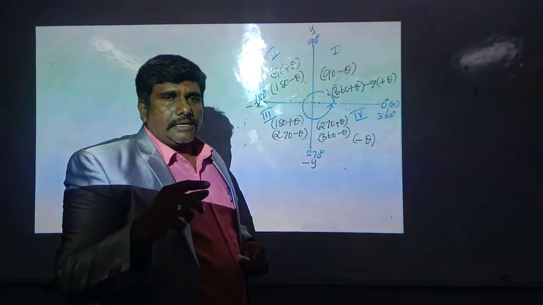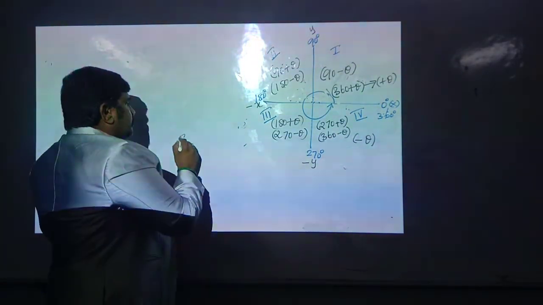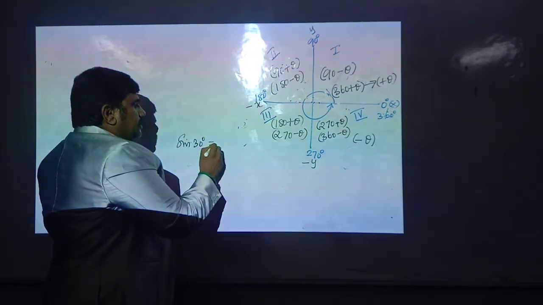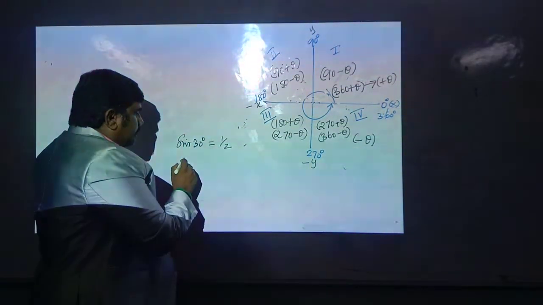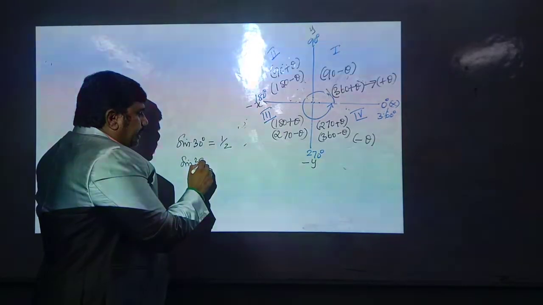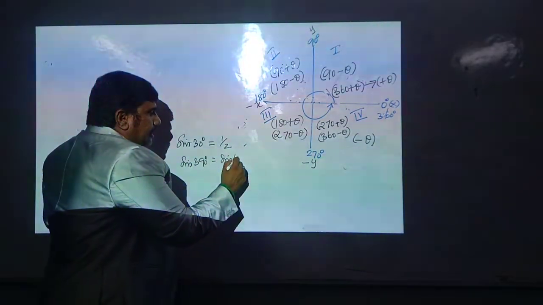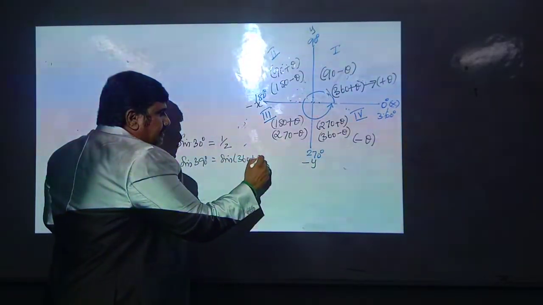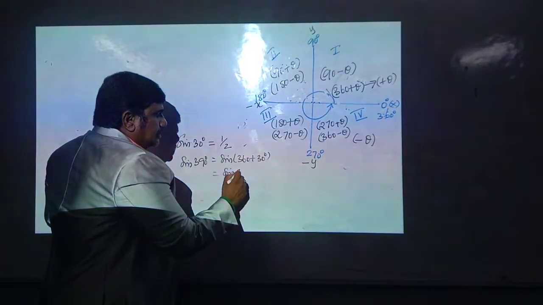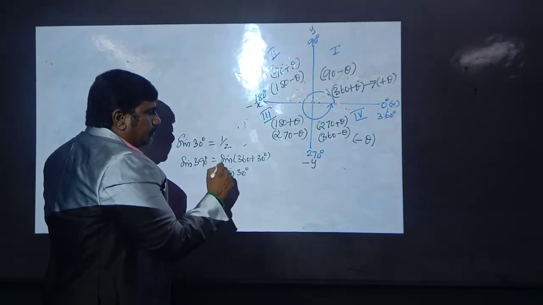For example, sine 30 is equal to 1 by 2, then what is sine 390? This can be written as 360 plus 30, where again this is going to be sine 30, that is 1 by 2.